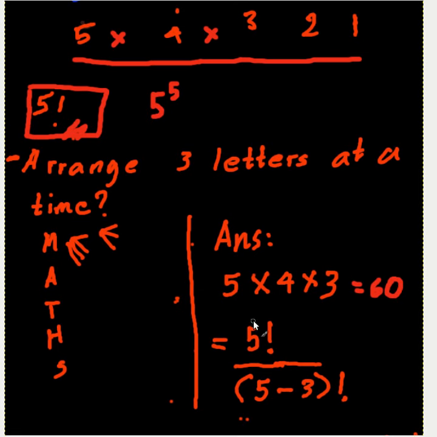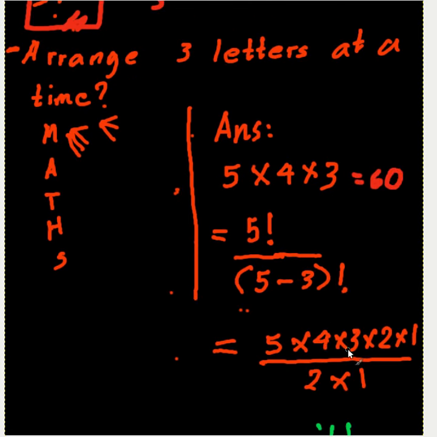Now if you look at this, I can say, hang on, this is the same as saying 5 times 4 times 3 times 2 times 1, divided by 2 times 1. So 5 factorial divided by 2 factorial, I end up with the same answer. That's what I've written out over here.